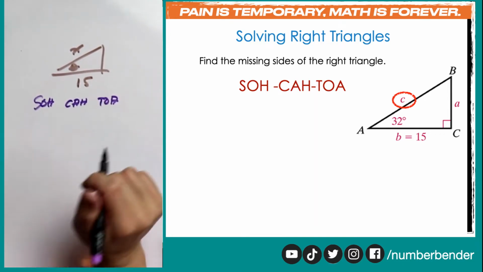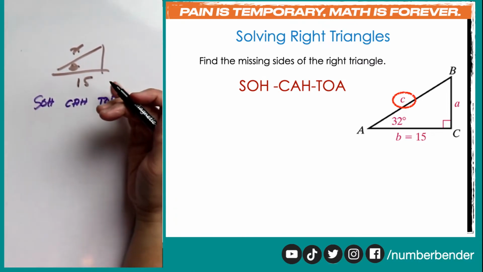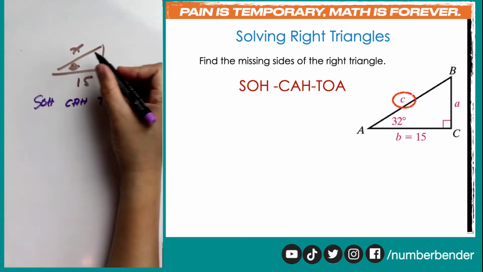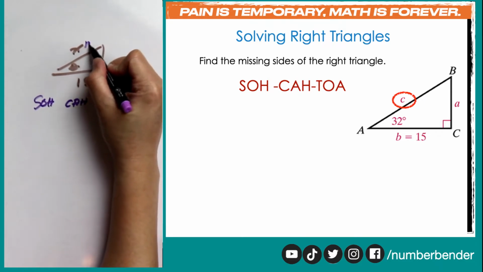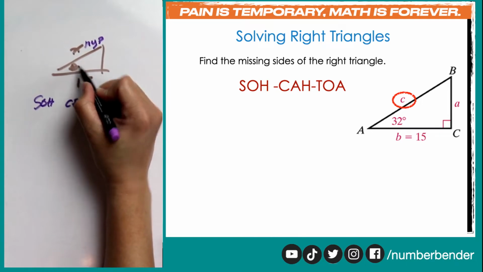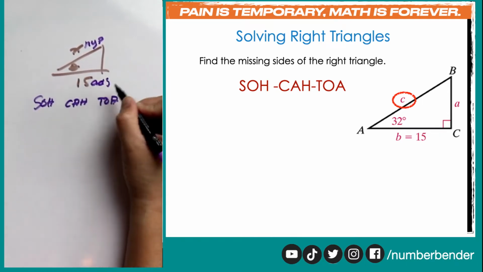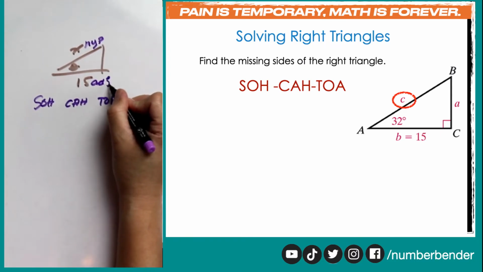So to be able to do that, let's label the right triangle that we're able to formulate based on our given problem. So x is our hypotenuse, and from the reference angle, 15 is what we call the adjacent side. So we have two different legs in our right triangle.